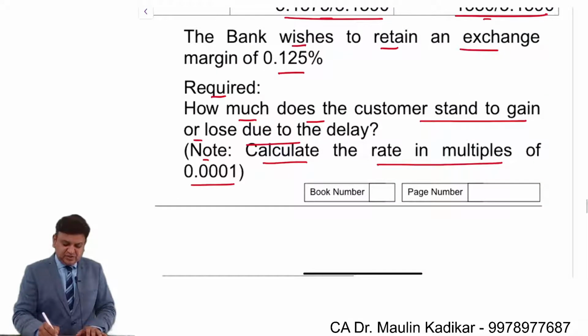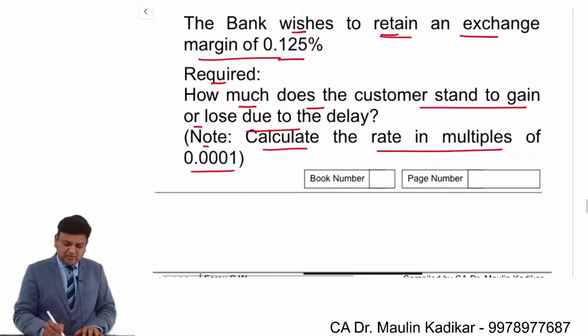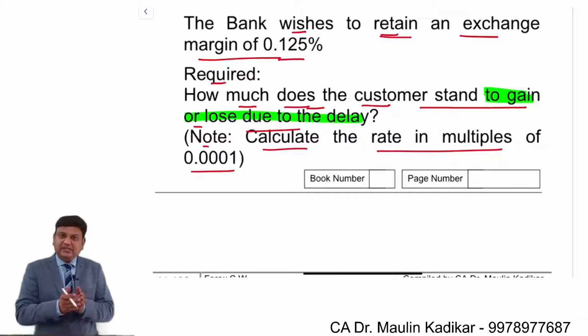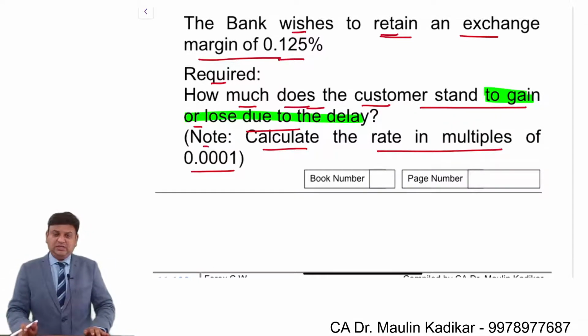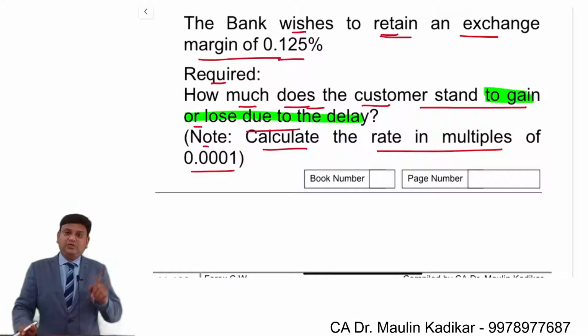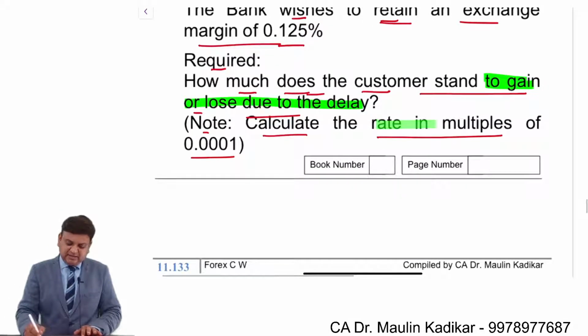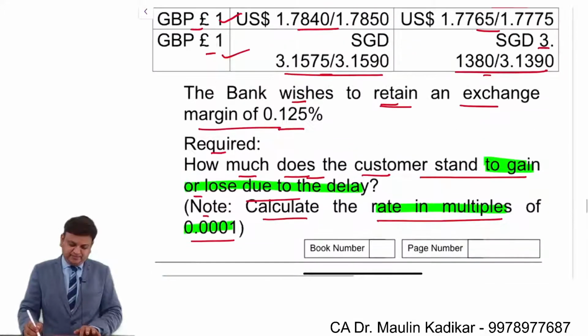The bank wishes to retain an exchange margin of this percentage. How much does the customer stand to gain or lose due to the delay? It means that because of this delay, if there is any profit or loss, then that amount will be passed on to the customer. Calculate the rate in the multiple of 0.0001.